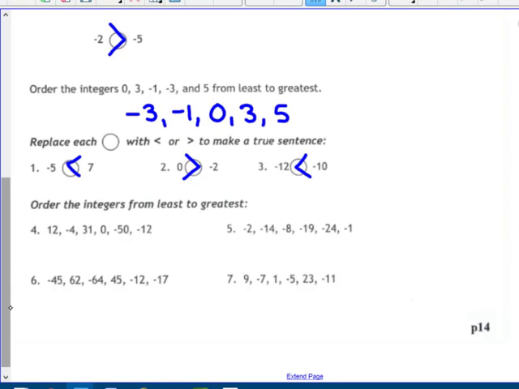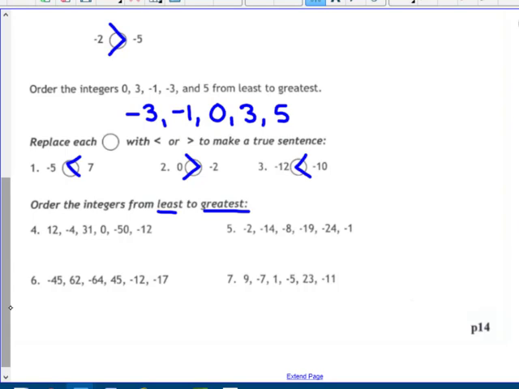Numbers 4, 5, 6, and 7, order those integers from least to greatest. I'm going to leave those for you to do, so you can pause the video now, try those 4 problems, and put those integers in order from least to greatest. We'll go over that in class.